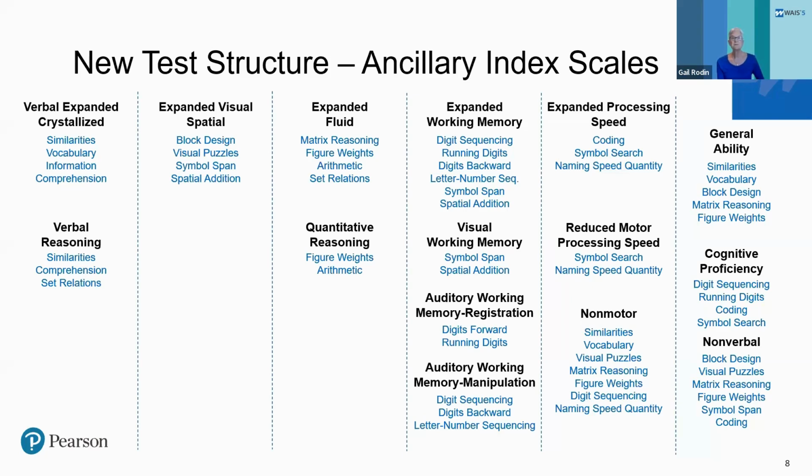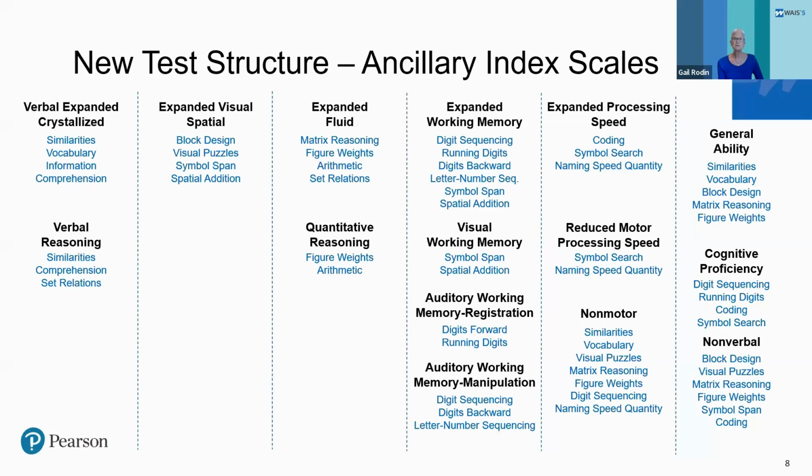Finally, under processing speed, we have 2 more ancillary index scales. One is a reduced motor processing speed. So this has reduced motor requirements. And this is helpful when you have someone with a tremor, someone with other kinds of motor problems that may slow them down.